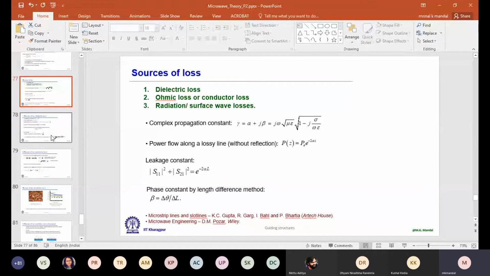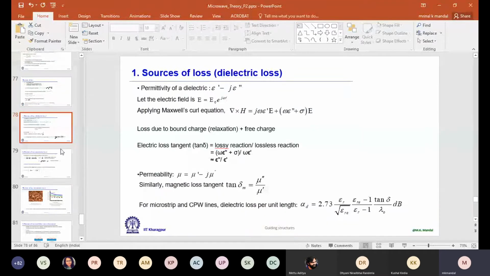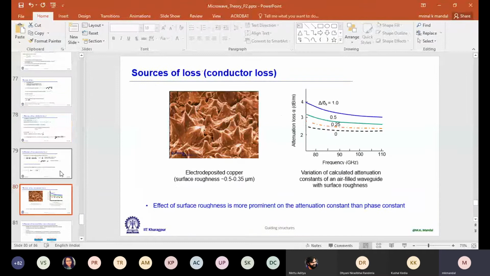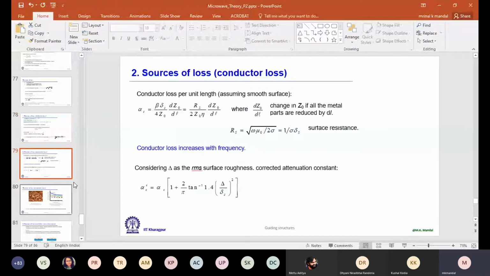So for the conductor loss part, what we concluded is that it is basically Joule heating, nothing else. But for the closed form expression, in most of the cases, they consider a smooth surface, but practically it is not.